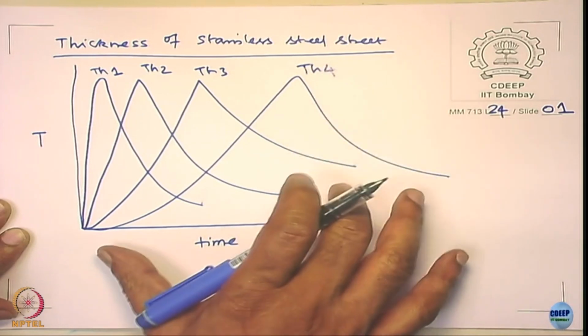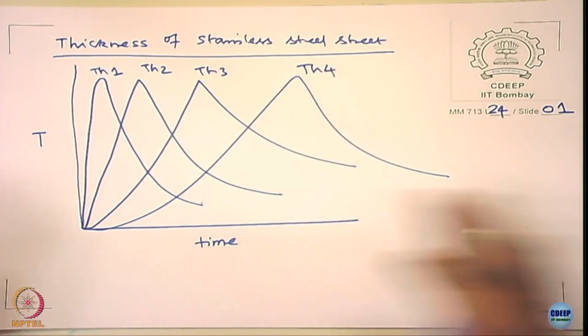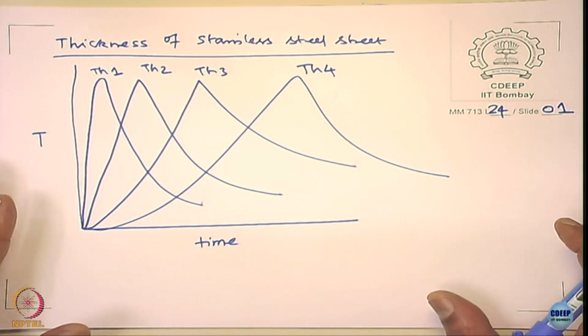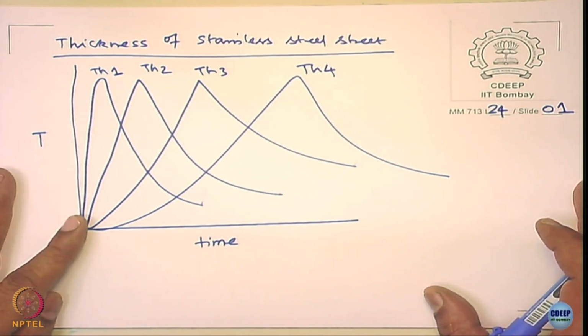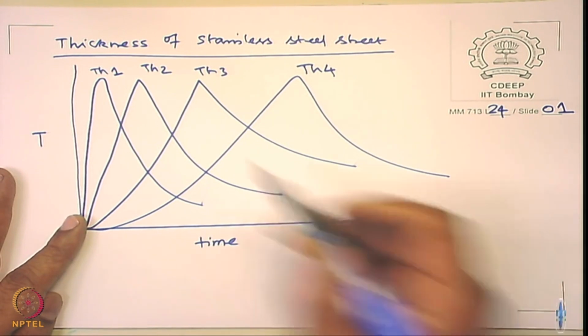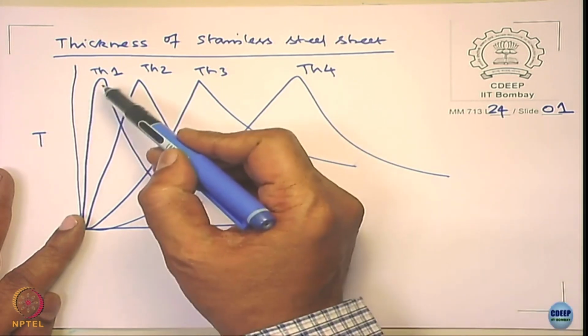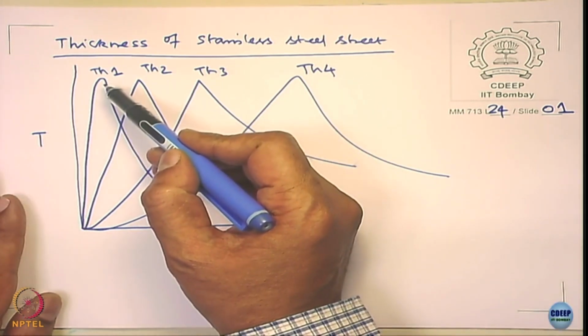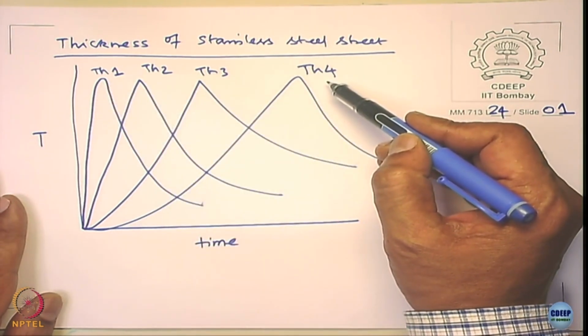I have just enlarged it for convenience, it is not going to be that wide actually. Now can you tell me in this case in what order the thickness is increasing? From the right, thickness 1 represented here is the least thickness, and thickness 4 is the thickest one, right.